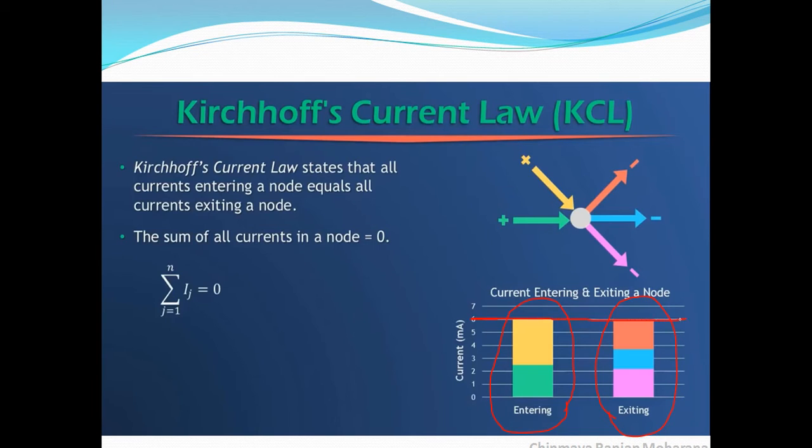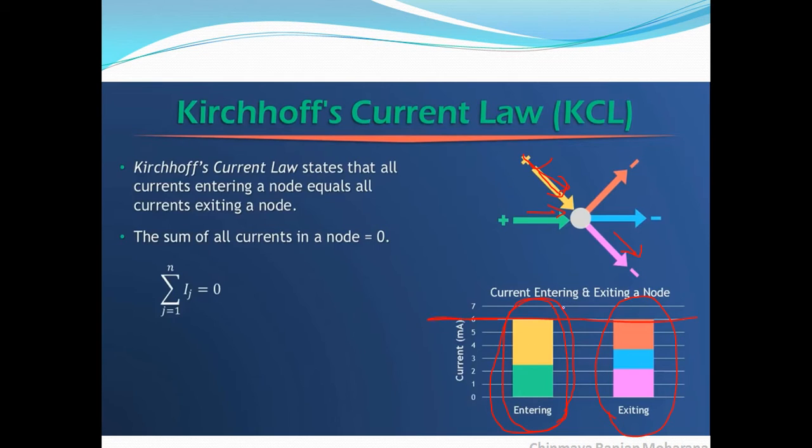Similarly, you can see the amount of current entering is equal to the amount of exit current. Clear? If this is the entering current and this is the entering current, we are putting in a graph that the total entering current has a magnitude of 6 milliampere.